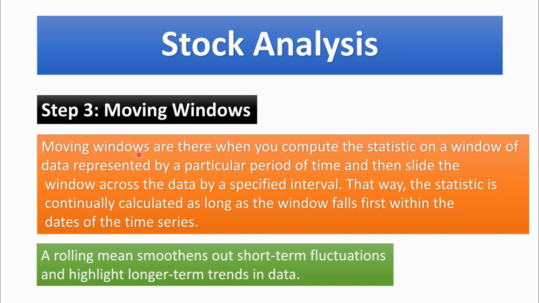This is how moving windows also work. For a window of data, you are moving with a specified interval and sliding it through the whole of the data, and this is how we are going to see the long-term trends in the data and ignore the short-term fluctuations. So this is going to be really useful. So let's see.